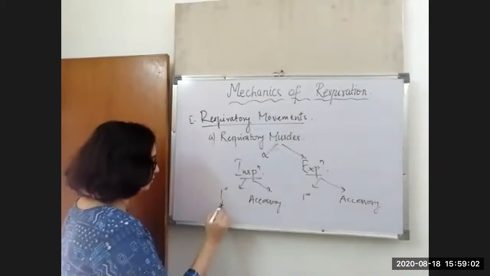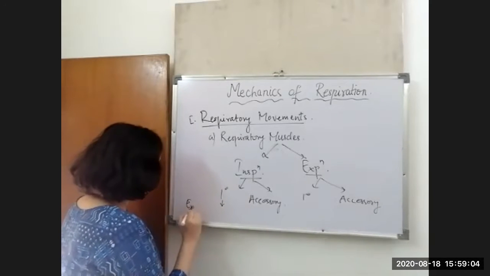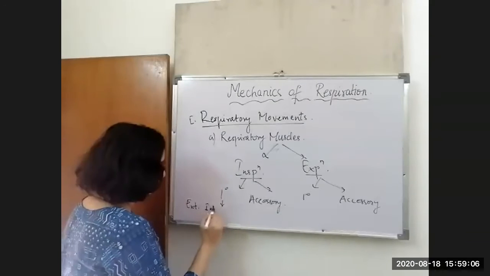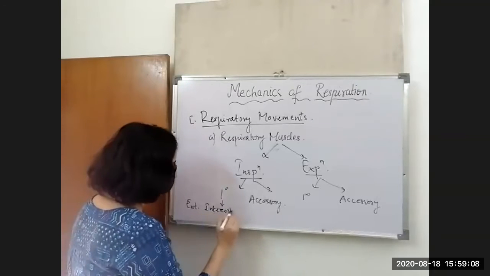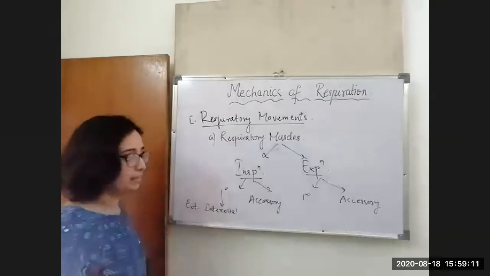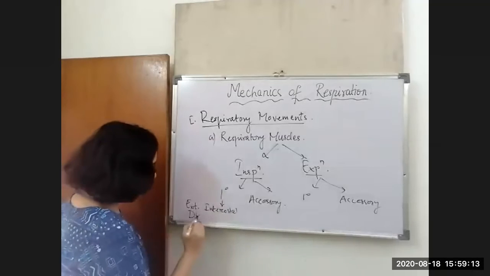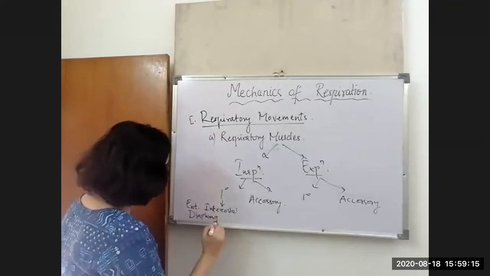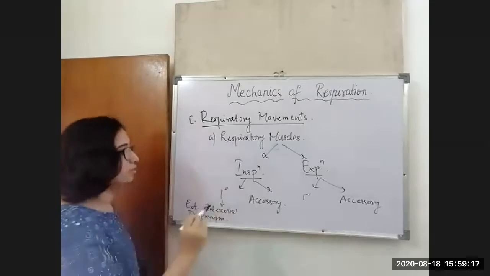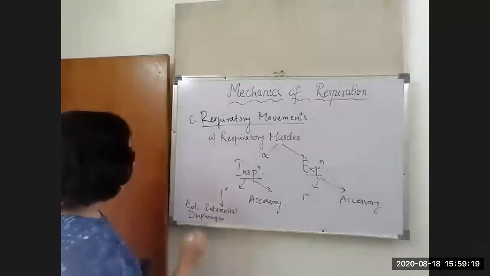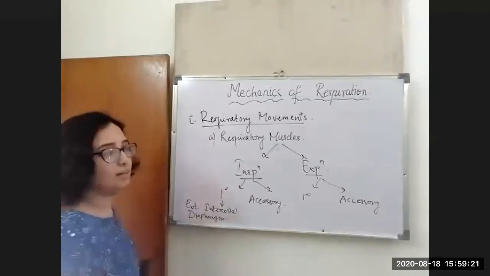So what are the primary muscles? The primary muscles are external intercostal muscles and diaphragm. Okay, so the primary inspiratory muscles are external intercostal muscles and the diaphragm.